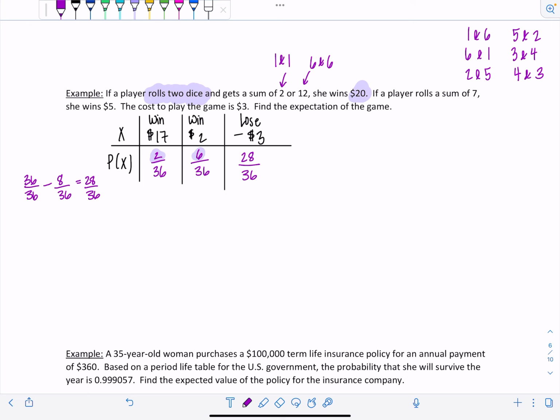We already filled in our probability distribution. Now we just have to figure out the expectation of the game. So expectation of the game is the same as mu, the long run average.